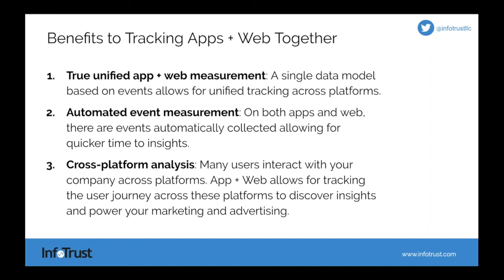Along the same lines for app, if you're using Firebase Analytics, there's a number of automatic events that are collected for those as well. So for things like the first app open, session starts, and other things like that, those are all tracked automatically as well. So from both ends, the app and the web, there's a lot of things that can be tracked automatically without you having to actually do much at all.